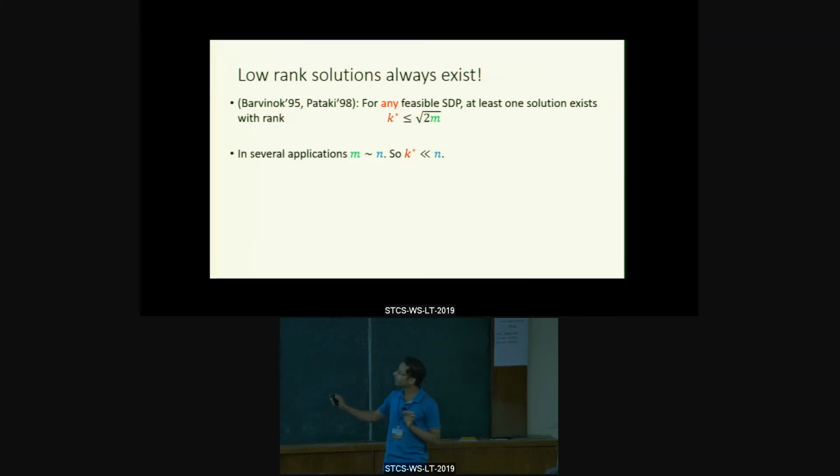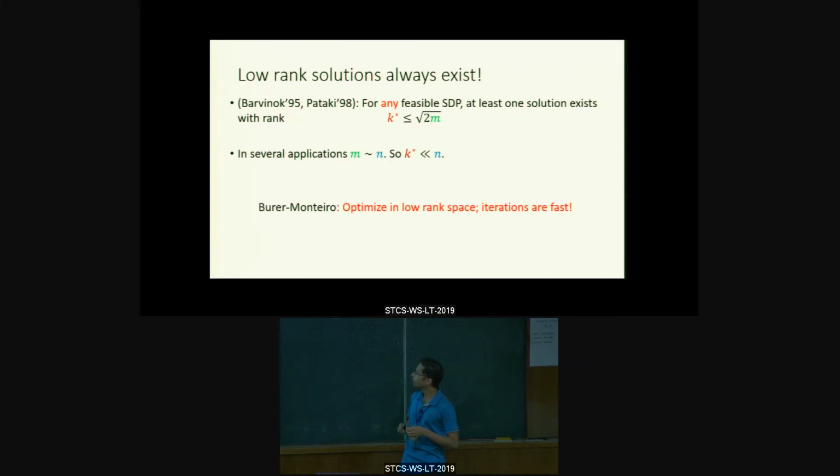In most practical applications, we usually have m, the number of constraints, to be of the same order as the dimension of the matrix n. So what this says is that any semi-definite program of this sort actually has a solution of rank about square root n. Okay. A priori, it's not clear why there should exist a solution of rank even n minus 1, but this is indeed saying that you actually have solutions of rank square root n. Okay.